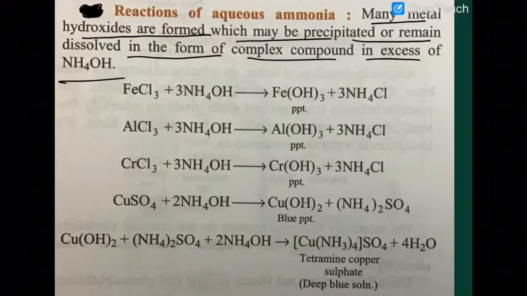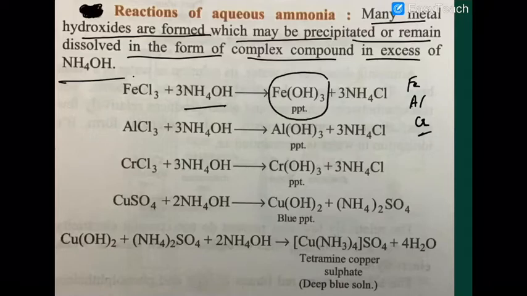For example, in group 3 of cationic analysis in practical chemistry, iron, aluminium and chromium all precipitate as hydroxides. If you treat Fe3+ with ammonium hydroxide, you will get a brown PPT of ferric hydroxide.